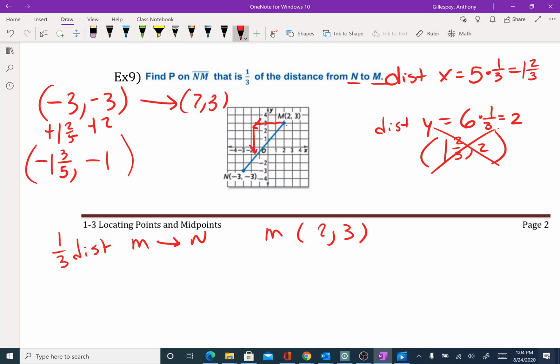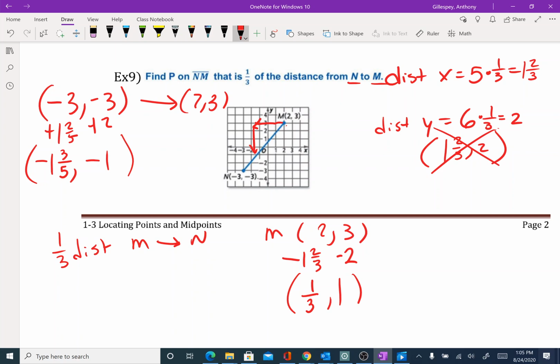So if I want to go backwards on the x, I subtract 1 2/3. And if I want to go backwards on the y, I subtract 2. Right? So 2 minus 1 2/3 is 1/3. And 3 minus 2 is 1. So I get 1/3, comma 1. So that point is at 1/3, comma 1.